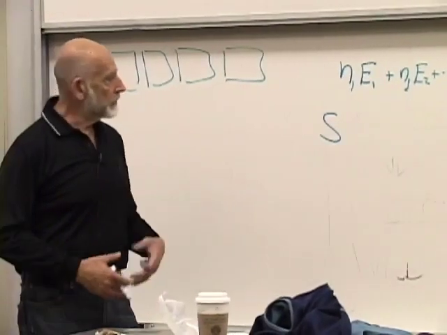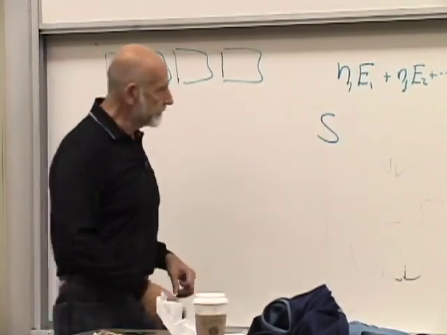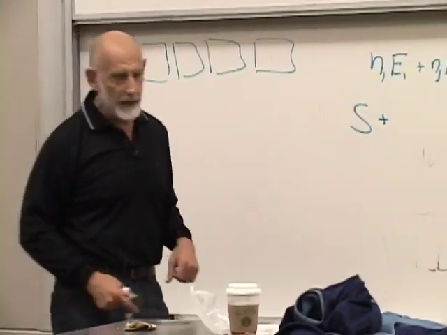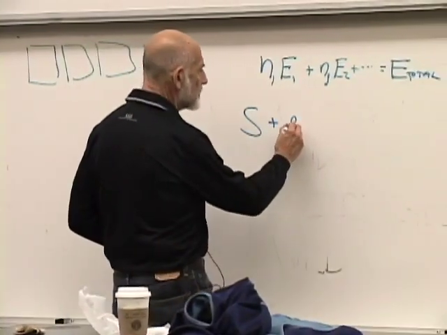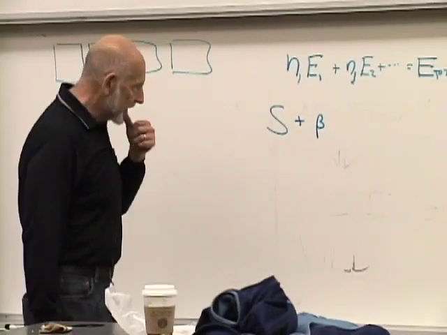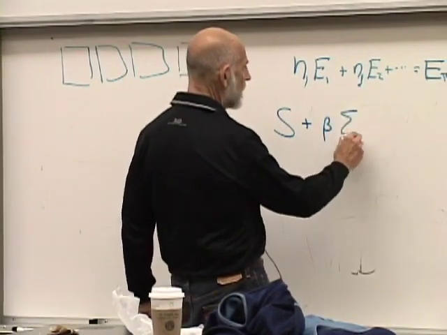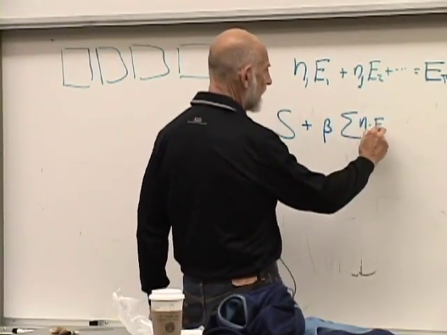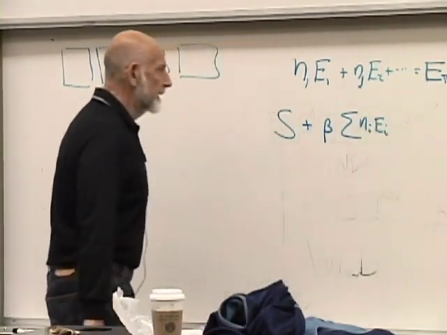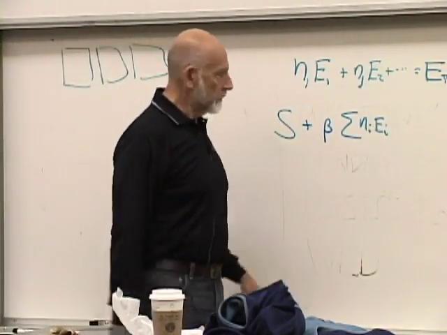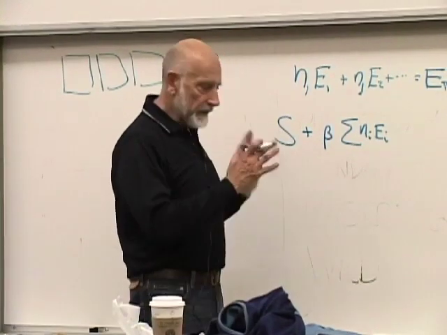The way to do that was to introduce a Lagrange multiplier. I can't remember now if it had a plus sign or a minus sign, but we call that Lagrange multiplier beta. And that beta multiplied some n sub i e sub i. That's what we did. We went through this.